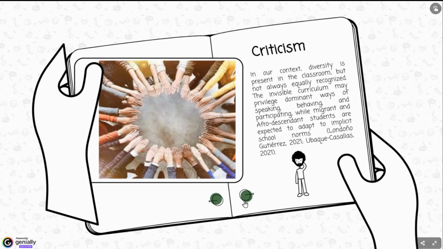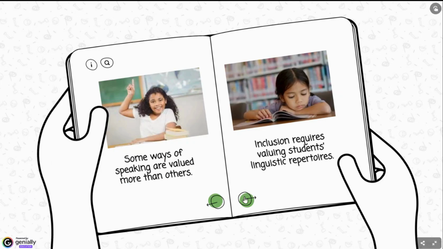In our context, the invisible curriculum may appear when some accents are corrected more than others, when certain students are invited to participate more, or when one way of behaving is treated as the normal or proper one. These hidden messages shape not only classroom interactions, but also belonging and recognition.